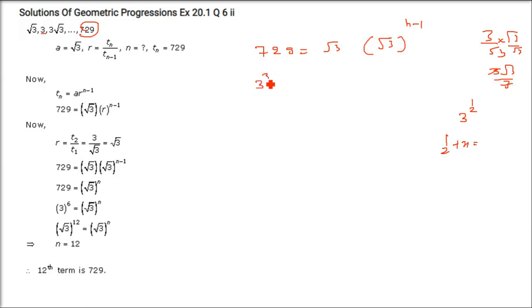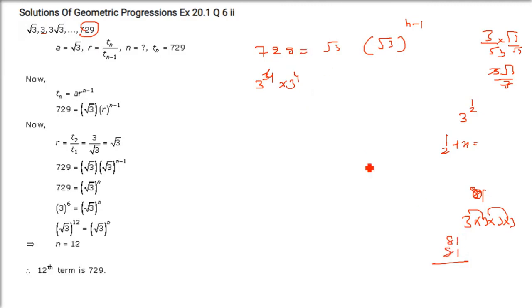So 3 to the power 4 is 81. You know that. 3 3 is 9, 9 3 is 27. 9 into 9 is 81, and 81 into 81 goes far beyond, so it's not going to work.